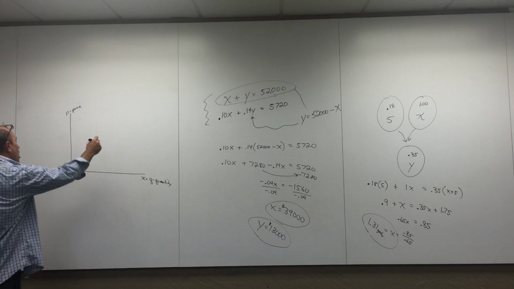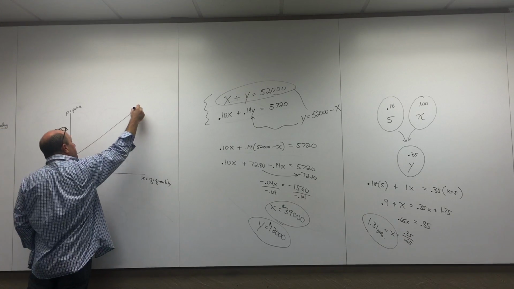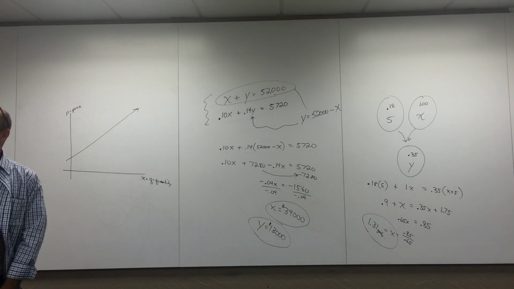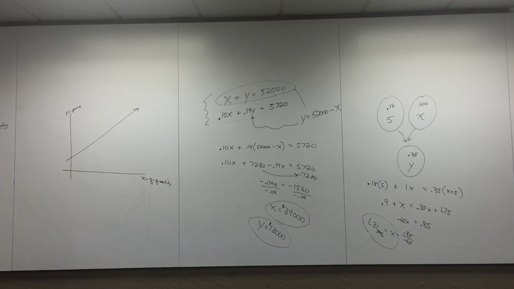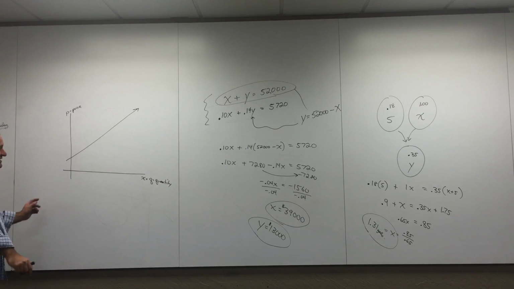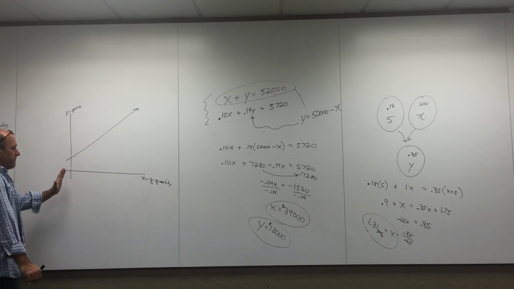And then if I draw a line like this, I'm not sure if that's called the supply equation or the demand equation. This is what we're talking about now, supply and demand of a product. Now let's think about this.